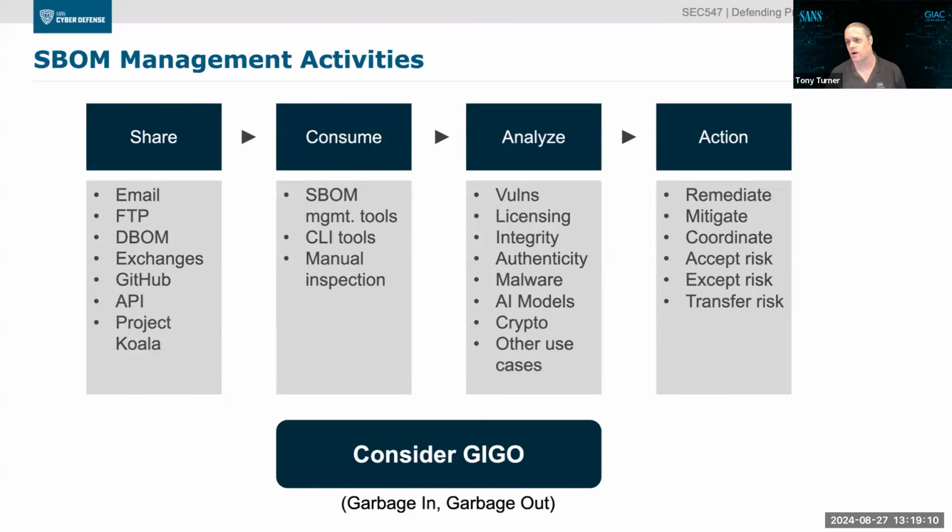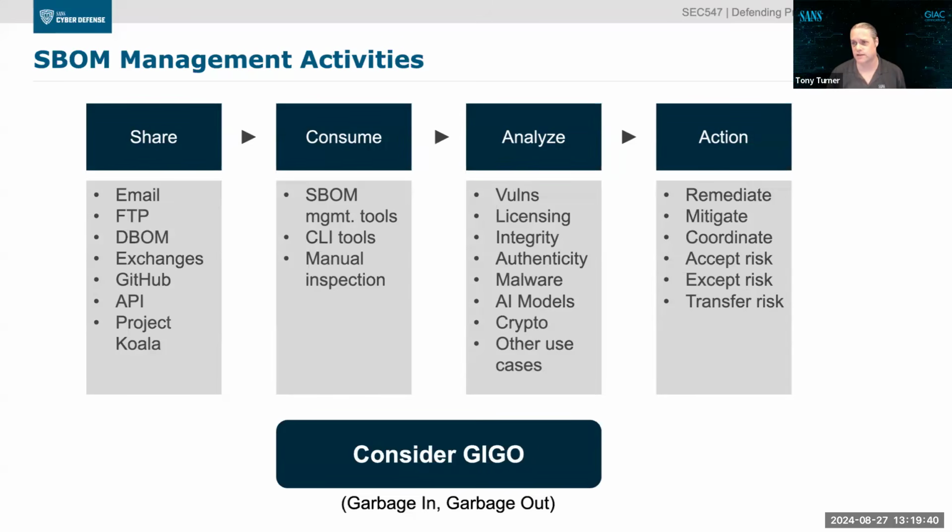Maybe I have a fantastic platform that I just throw all my SBOMs into, and it analyzes it, and it gives me a bunch of pretty reports and information that I can do something with. Maybe I'm inspecting things manually. Maybe I'm opening up the JSON file and going line by line and looking at things. Again, not ideal, but maybe that's what you're left with. But there's a bunch of other really great command line open source CLI tools.